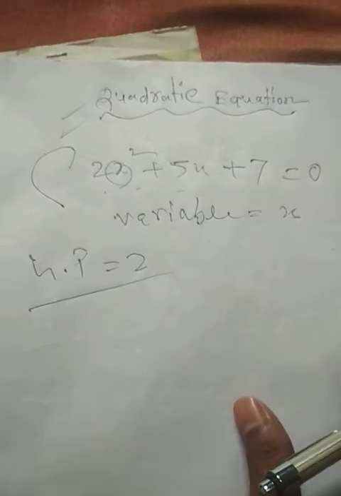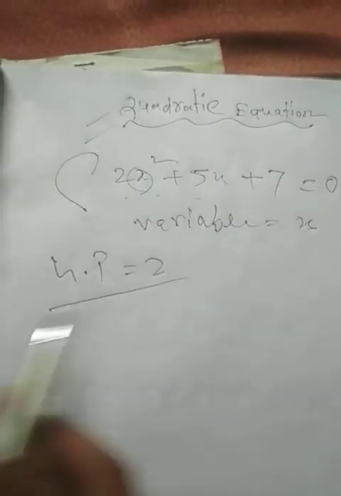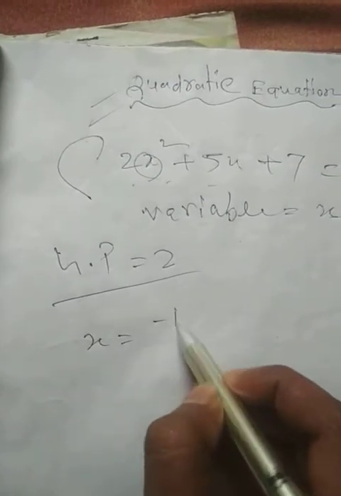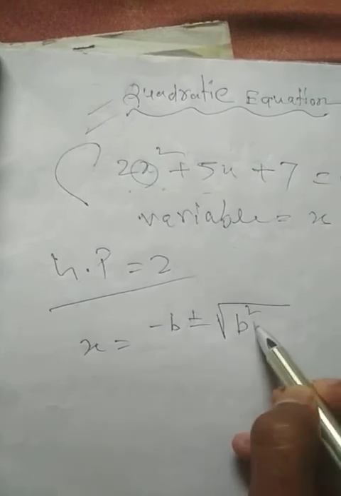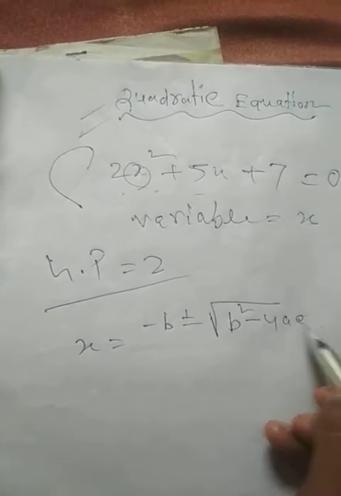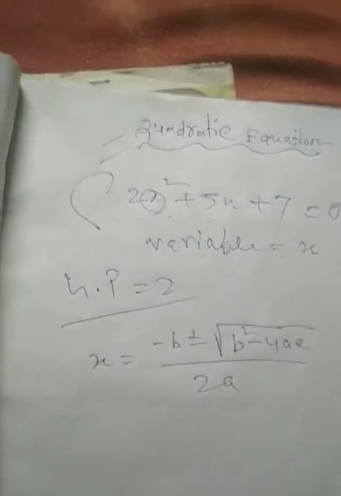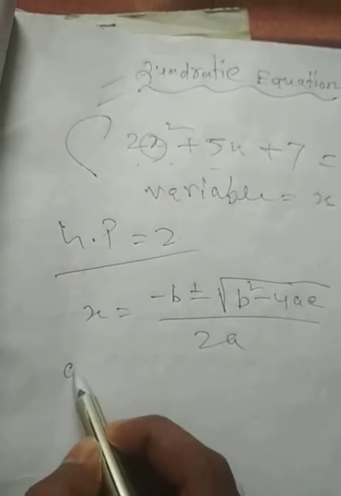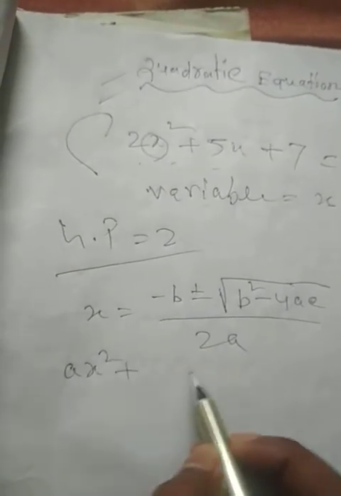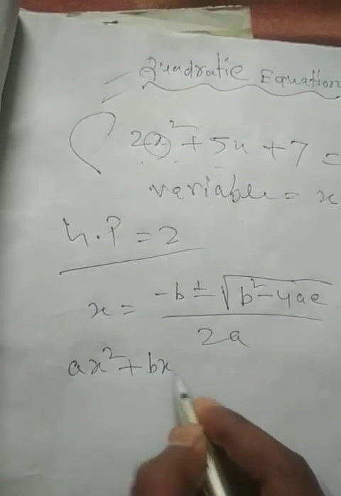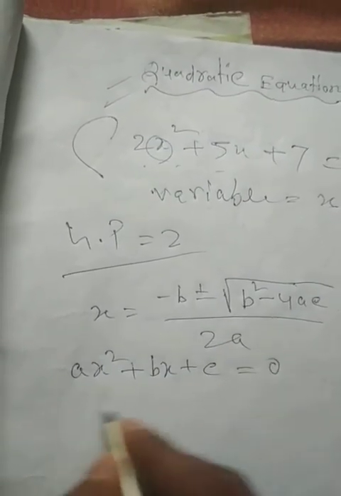There is a formula for solving the quadratic equation, and that formula is very important. x equals minus b plus minus square root of b square minus 4ac, by 2a. What are a, b, c? You have to know that. Actually, we assume the quadratic equation is in the form of ax square plus bx plus c.